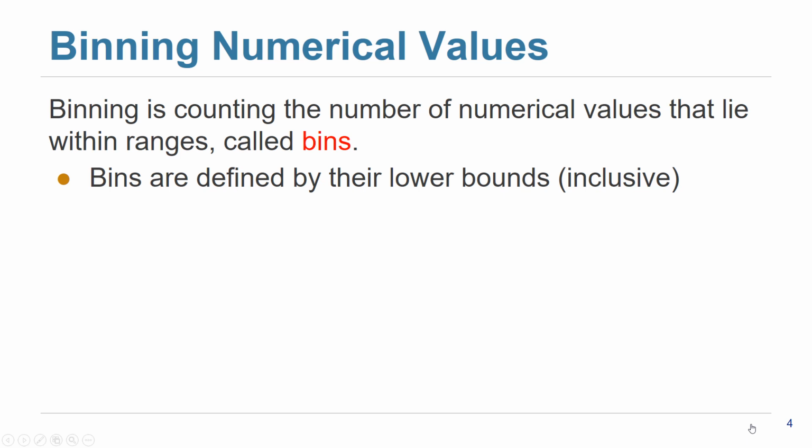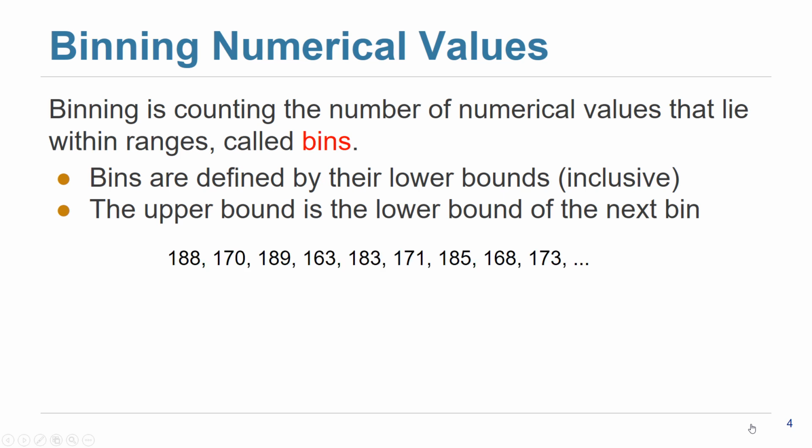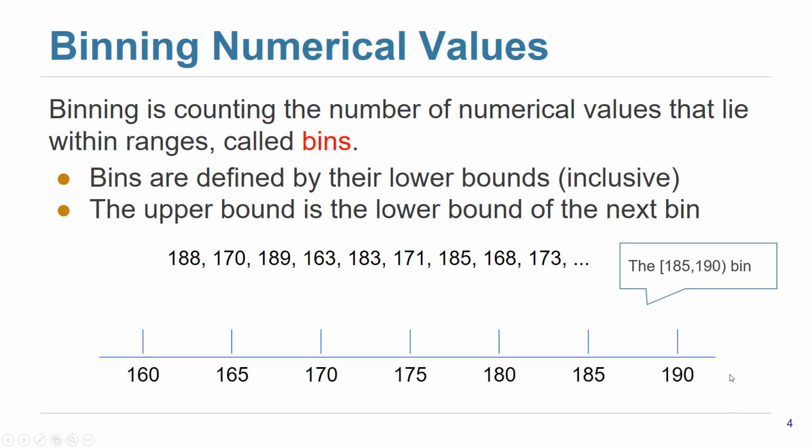Each bin is defined, as we said, as a range. So the range has a lower bound and an upper bound. So as usual, the lower bound is inclusive and the upper bound is exclusive. Okay, and we use this notation to indicate the inclusion of 185 here and the exclusion of 190.